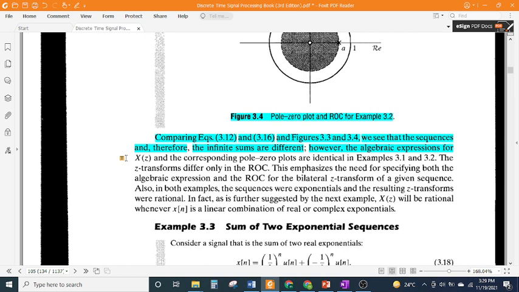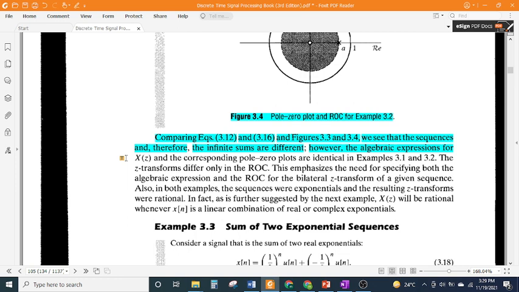For convergence of X(z), both sums in Eq. 3.19 must converge, which requires that both |z| > 1/2 and |z| > 1/3 or, equivalently, |z| > 1/2 and |z| > 1/3. Thus, the ROC is the region of overlap, |z| > 1/2. The pole-zero plot and ROC for the z-transform of each of the individual terms and for the combined signal are shown in Figure 3.5.